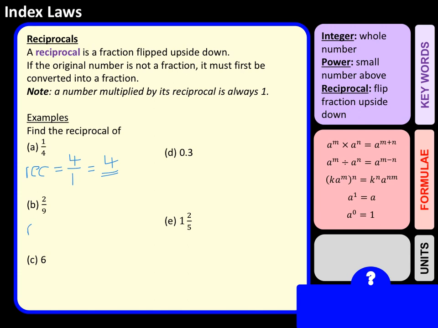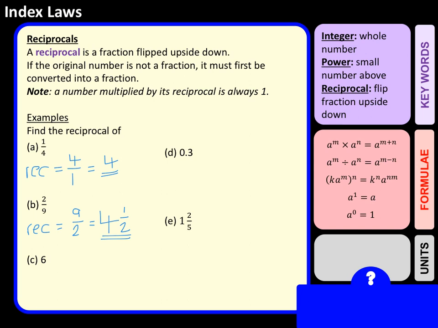Part B, again, it's given as a fraction, so that's great for us. So we're going to flip that fraction upside down to give us 9/2. And then because that's an improper top-heavy fraction, I'm then going to convert it into a mixed number. So 2 goes into 9 4 times. So that's going to give me 4 and a half for my mixed number.